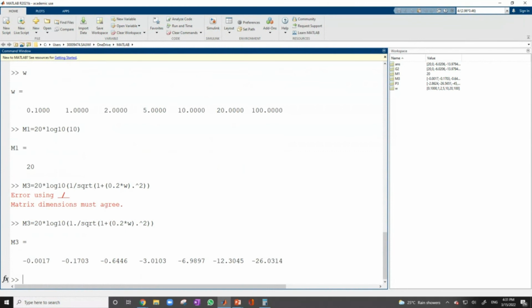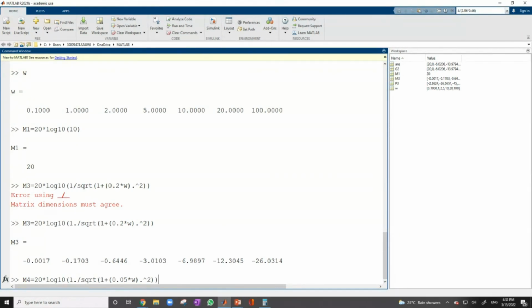So that's our magnitude for M3, and M4 is going to be 20 times log 10, 1 over the square root of 1 plus 0.05 omega dot squared.